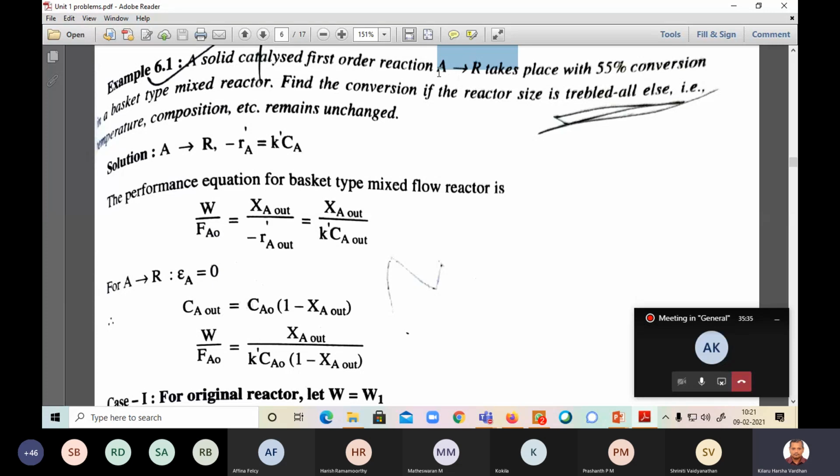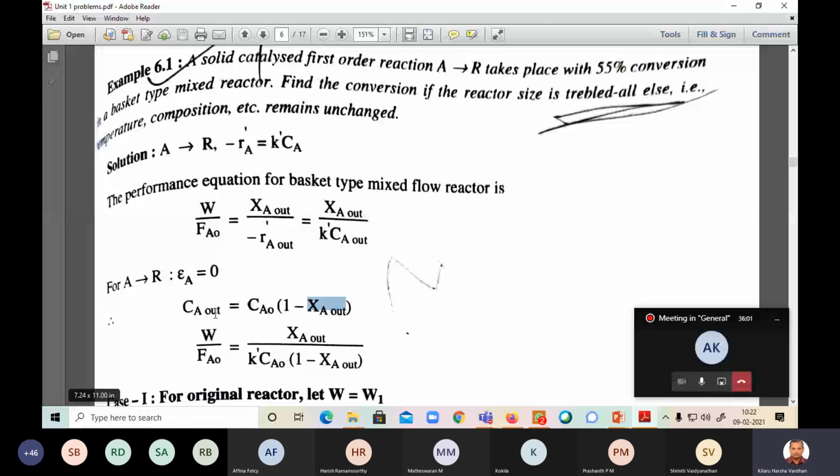So we assume since A is giving R, that the expansion factor is 0. If he's giving you it is gas phase reactions, then you have to bring this expansion factor into the picture. Since the moles are almost same, you are assuming the expansion is 0. Therefore, CA out we can calculate as CA naught into 1 minus XA. So you know what is XA, right?